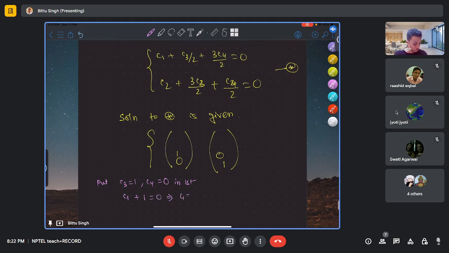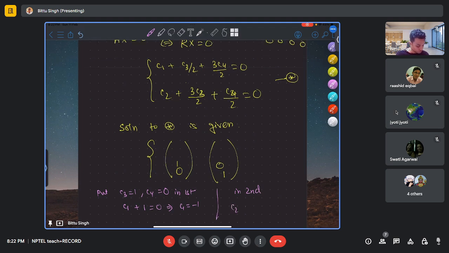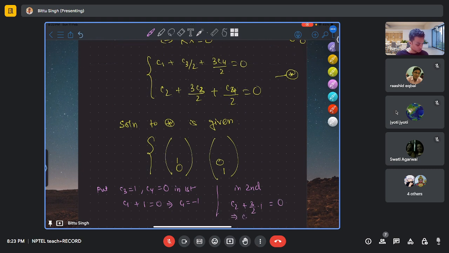This is same as C1 equal to minus 1. And similarly, in second equation, if we put those things, we'll get C2 plus 3 by 2 times 1 equal to 0. So C2 equal to minus 3 by 2.